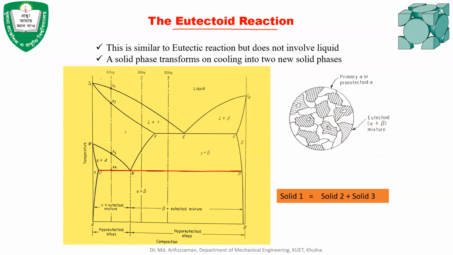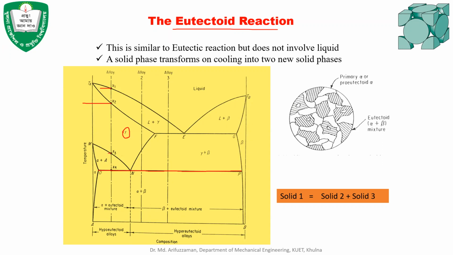If we look at this diagram of alloy 1, when the temperature reaches X1, metal A will start to produce, and at X2, solidification of metal A is complete, and then gamma will be produced.